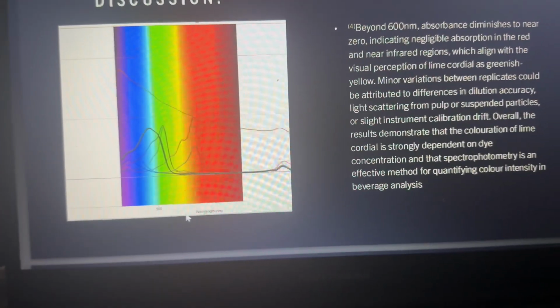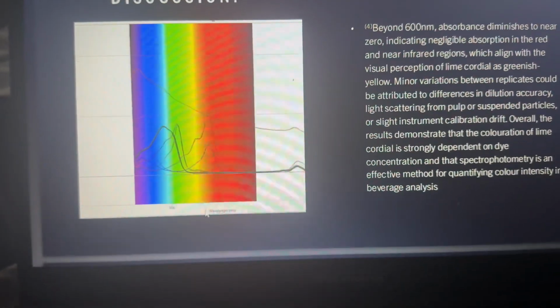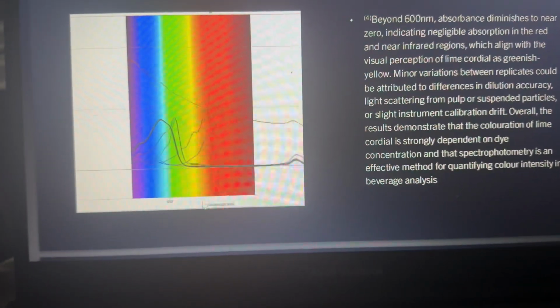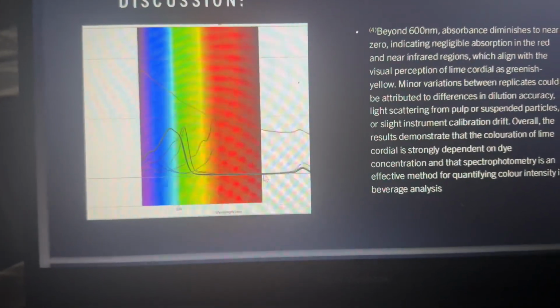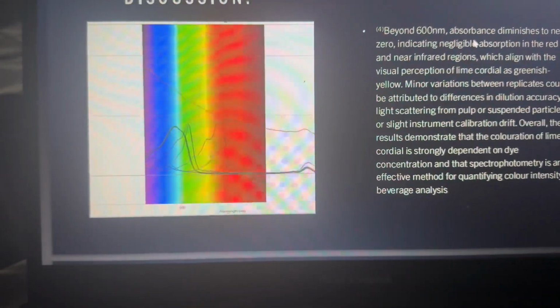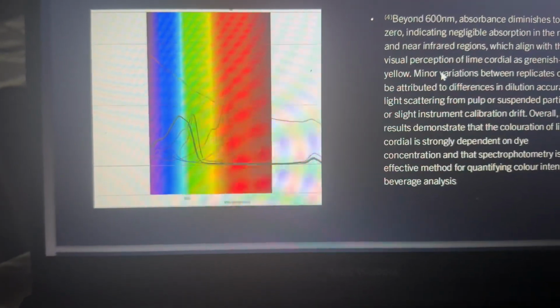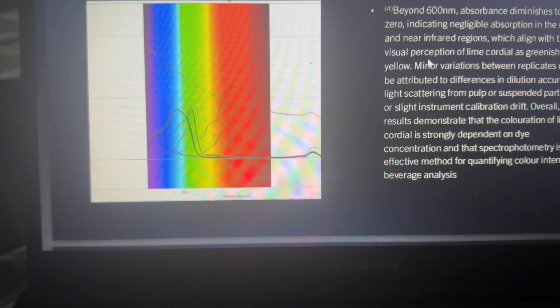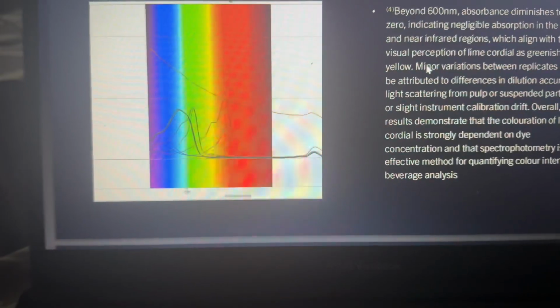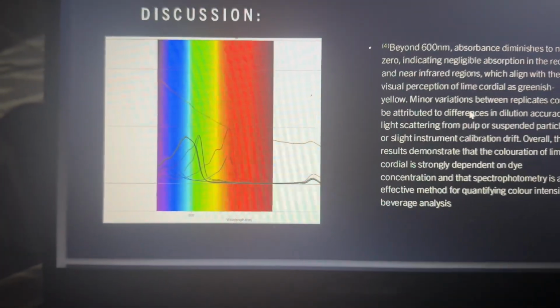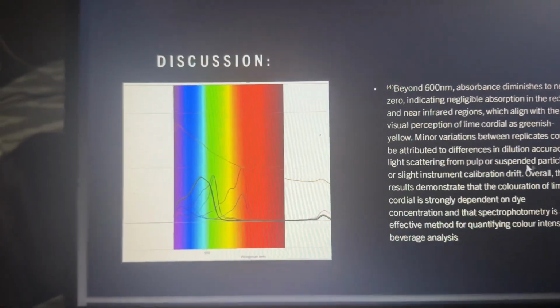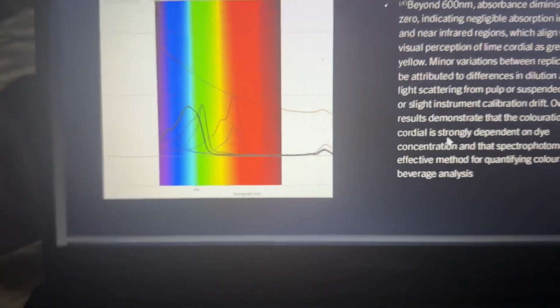If we go along the line and we're just somewhere around here, which is actually 600 nanometers, the absorbance does start to diminish. And what this does say is that there are minor variations between replicates, which could be attributed to differences in dilution accuracy, as you can see over here in these parts.